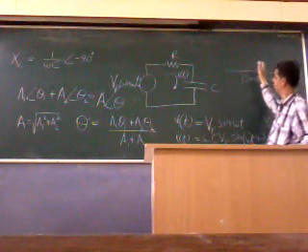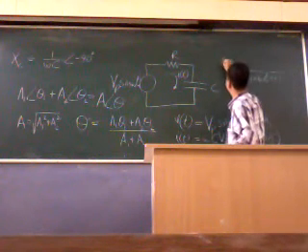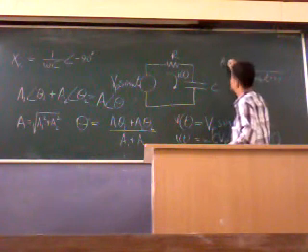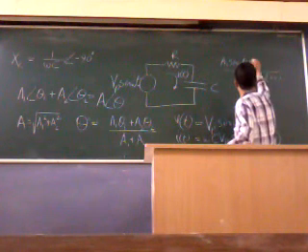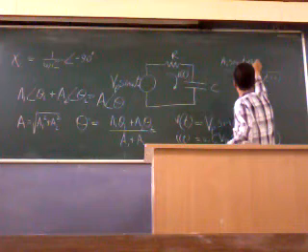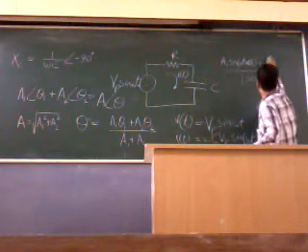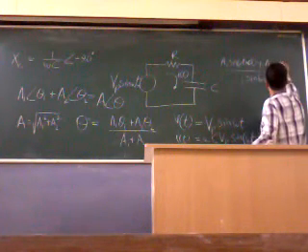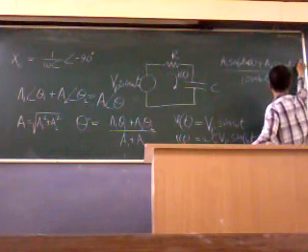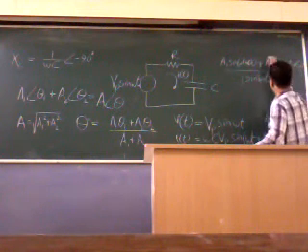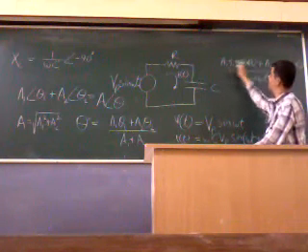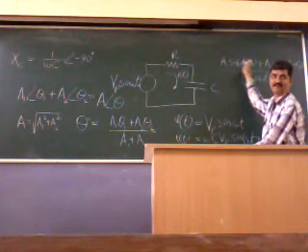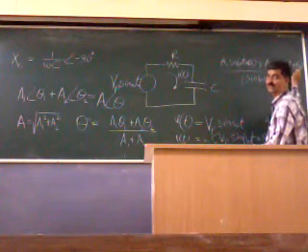Right? So the first would be, let us say, A1 sin omega t plus theta 1 plus A2 sin omega t plus theta 2. If I rewrite it separately, it is A1 angle theta 1, A2 angle theta 2.